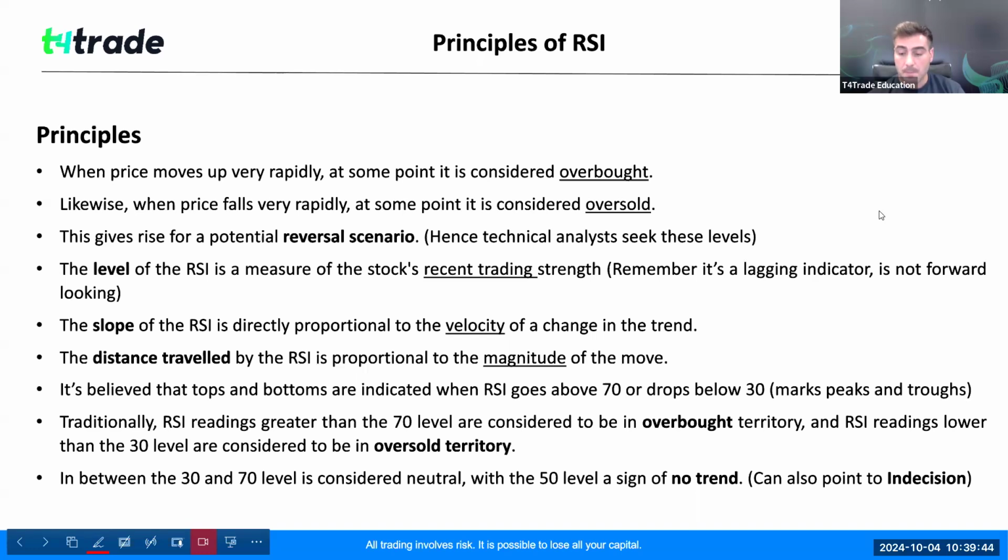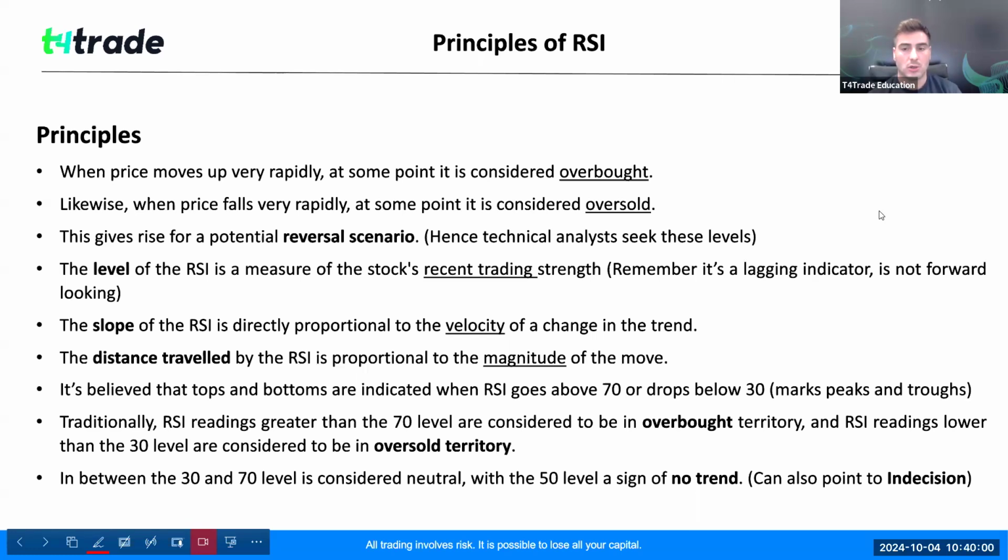So if you have rising values of RSI, that means the proportion of higher closes to lower closes is much higher.